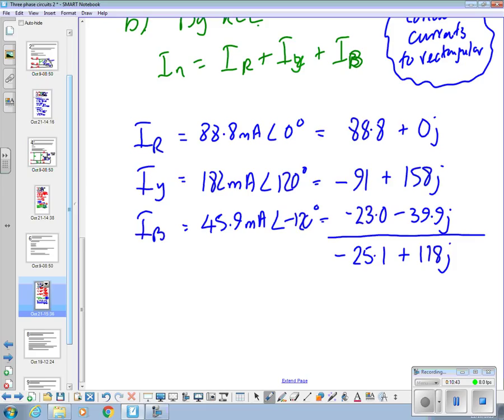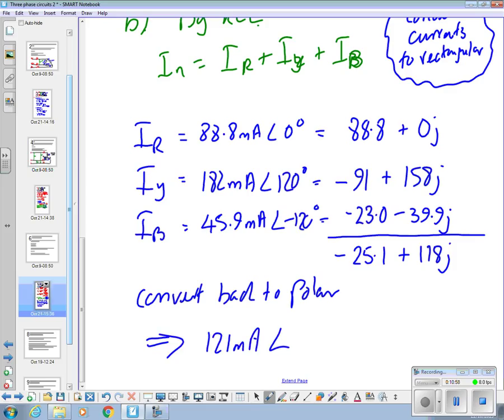And convert that back to polar: 121 milliamps, angle 102 degrees. Yeah? All right with that? Yeah.